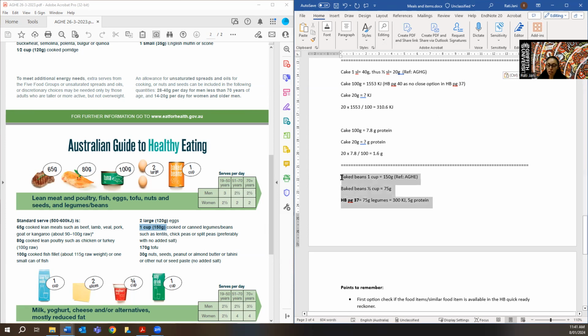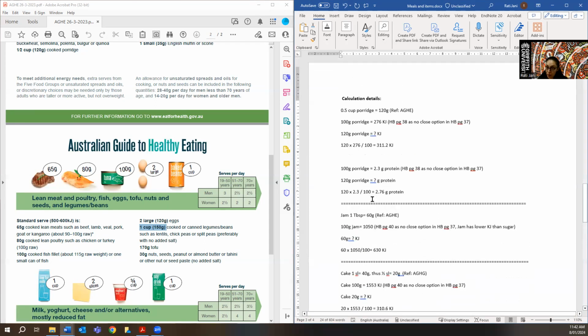The reason I have done this is because if I were a student, you will see baked beans is quite a common item eaten by geriatric patients, so I would just go the faster route, go to AGHG and then to the handbook. But if you were to go to the per 100 gram, per 100 ml detailed ready reckoner and calculate your baked bean energy and protein, that's completely fine as well.